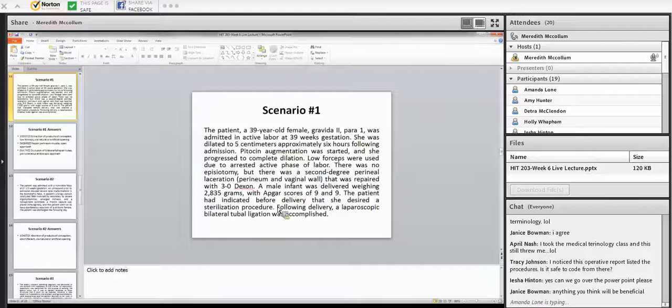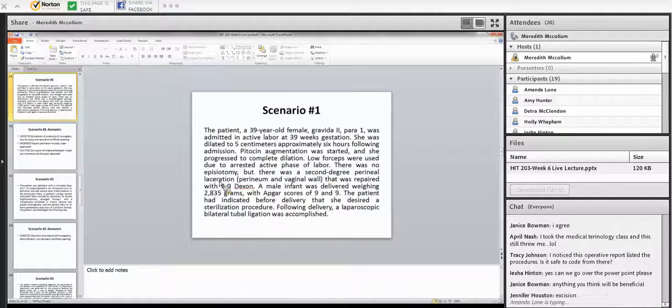She wanted sterilization, so she had a laparoscopic bilateral tubal ligation. In all honesty, some facilities pick up the Pitocin augmentation, some don't. It's not necessarily required, but the low forceps delivery and the 2nd degree perineal laceration that was repaired.